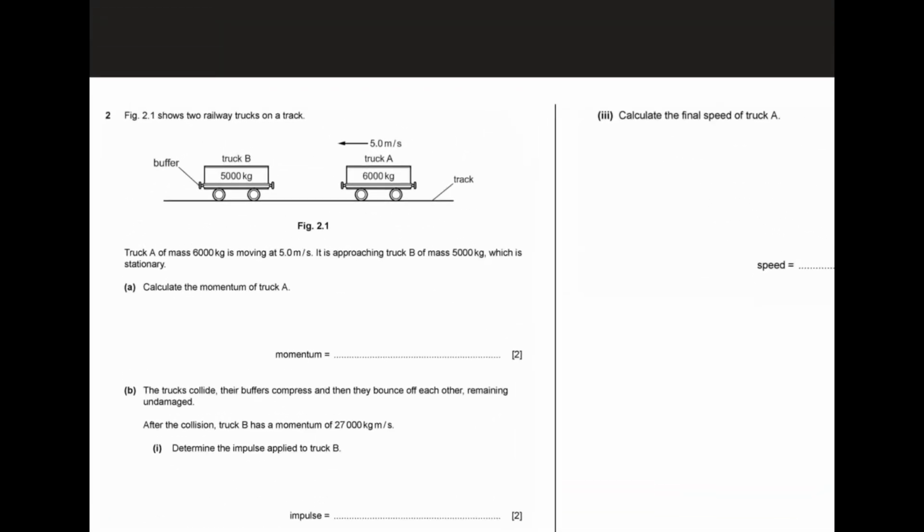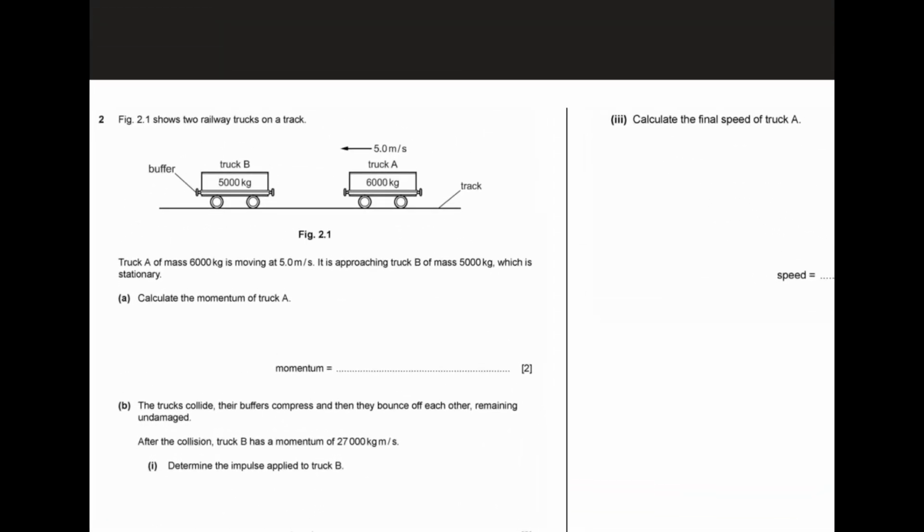Okay, so let us look at this question. This question is on page 14. Figure 2.1 shows 2 railway trucks on a track. We have truck A of mass 6,000 kg moving at 5.0 meter per second.